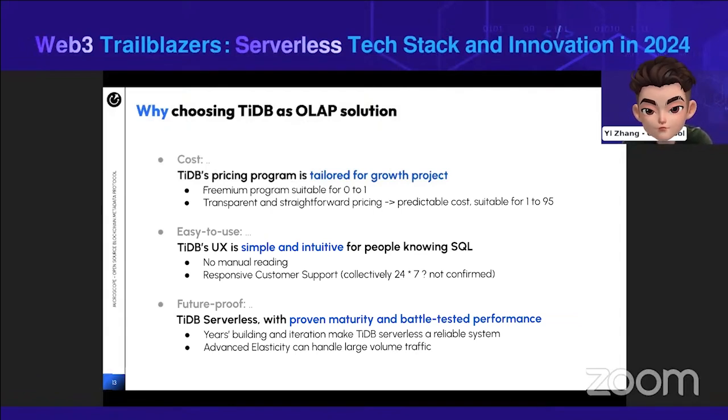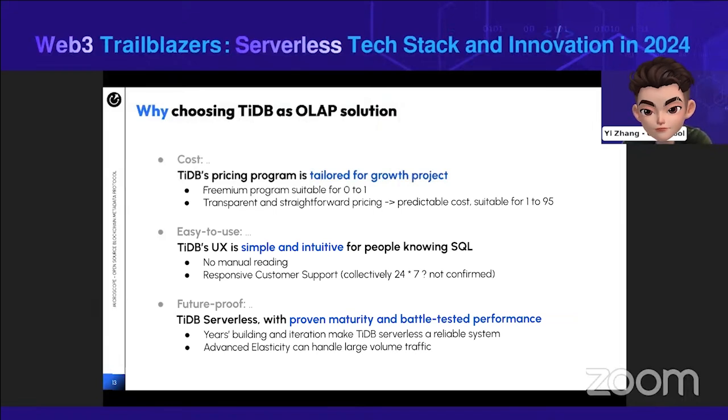How would the future look? TiDB is also very easy to use. When dealing with TiDB, I didn't read any manuals. It's very intuitive, and they hide all the unnecessary details. I just focus on what I want to do, and whenever we need support or want to tweak some parameters, we can contact them.